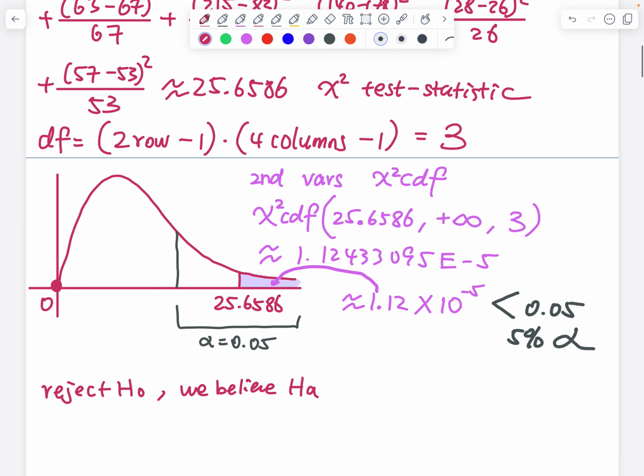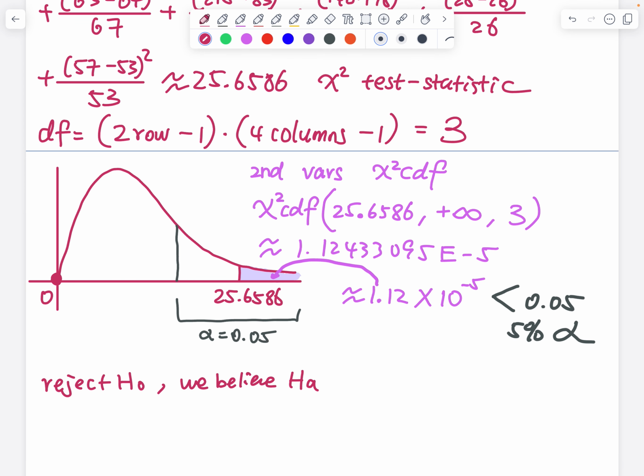So if you want to report a complete sentence, because when you are working in a job, you cannot just say, okay, reject H naught, we believe HA. Let's say somebody who never took a stats class asks you, what is H naught and HA? Reject H naught and we believe HA is for a statistician like you. But for a non-statistician, you have to say something that everybody understands.